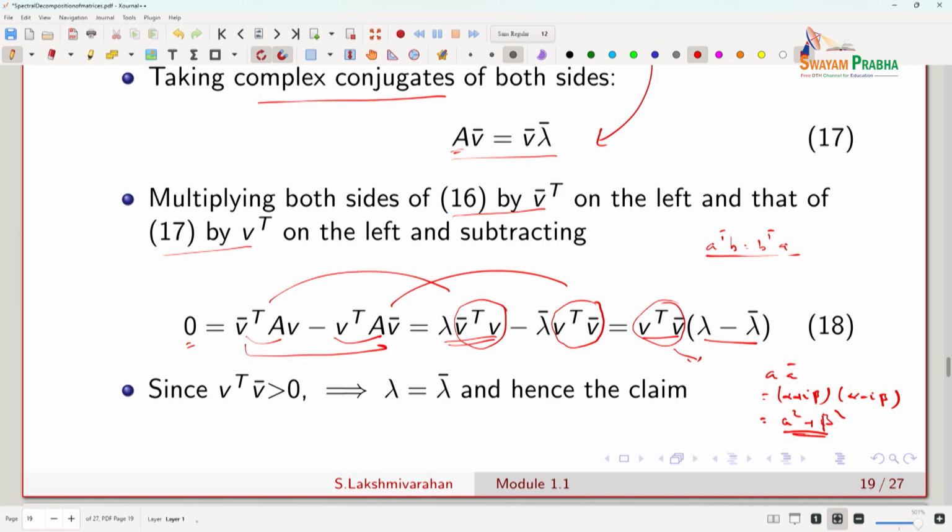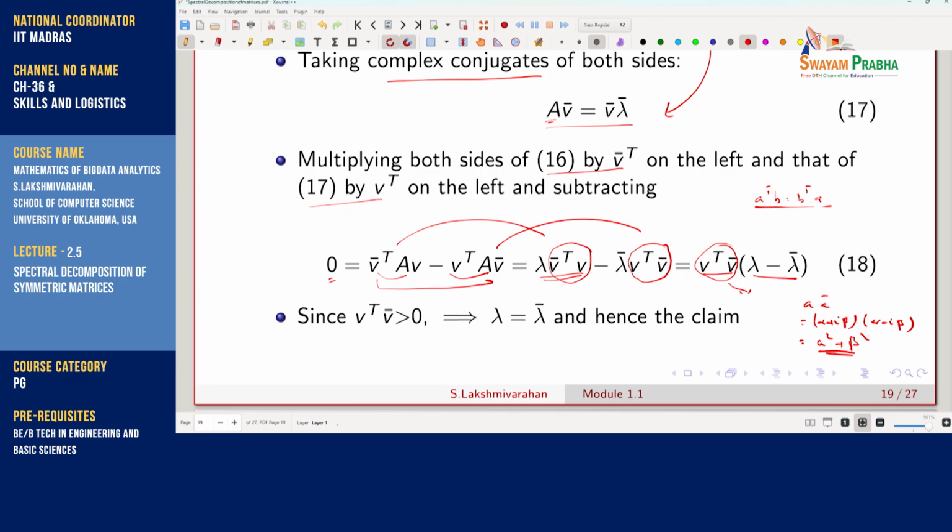So, therefore, the product must be 0 and v transpose v bar is not equal to 0 because we know v is not a 0 vector. So, v transpose v bar is greater than 0. So, the only way this can be 0 is if lambda is equal to lambda bar. What does that mean? A number and its conjugate are the same. If the number and the conjugate are the same, it must be real.